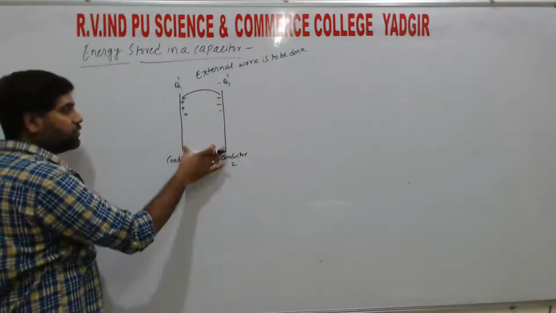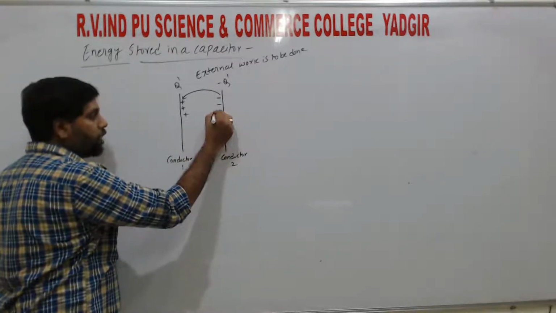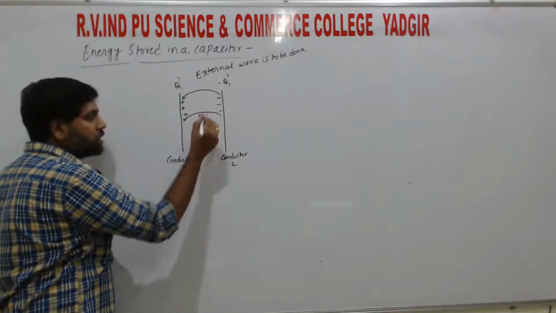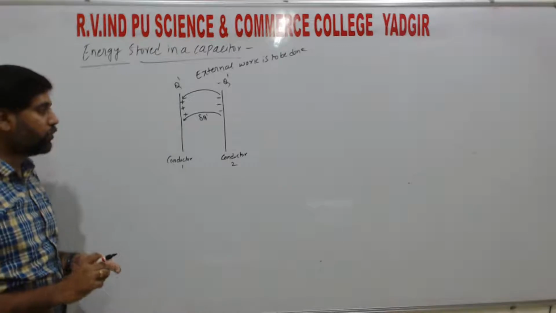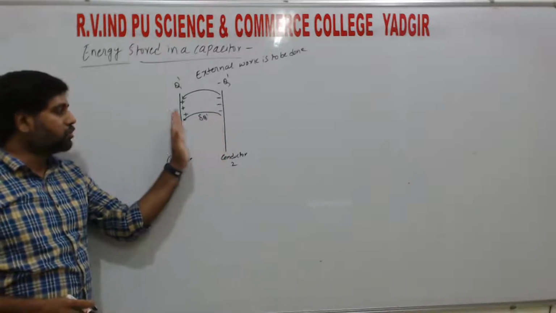So considering this situation, now if I shift a small charge from conductor 2 to conductor 1, that charge I will take as delta q dash. So I am shifting a small charge from the second plate to the first plate.